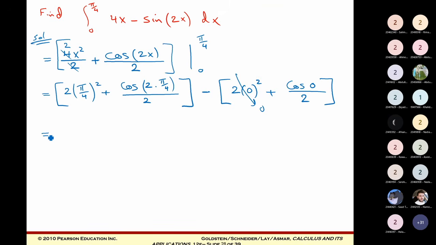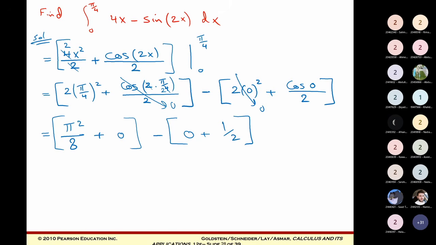Now we have pi square over 16 multiplied by 2, so we have pi square over 8 plus cosine pi over 4 after simplifying 2 with 4, and this is equal to 0, minus 0 plus cosine 0 equals 1, so we have 1 over 2. So the value equals pi square over 8 minus half.